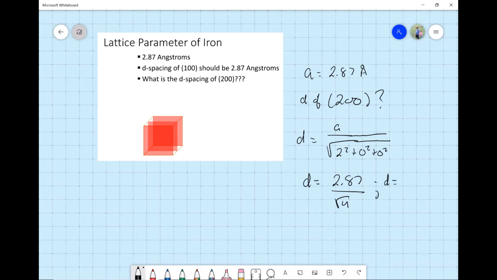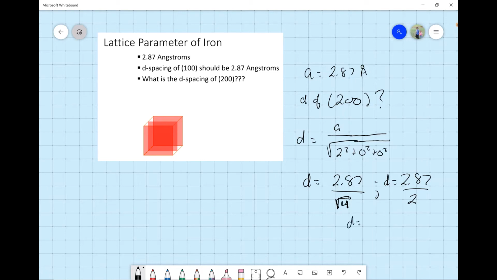And so d equals 2.87 over 2. This is supposed to be a 4, you didn't see it well because of my poor writing. And so 2.87 divided by 2, again, this is pretty much the half spacing of 100. So it makes sense that d would be 2.87 divided by 2, which is 1.44 thereabouts.